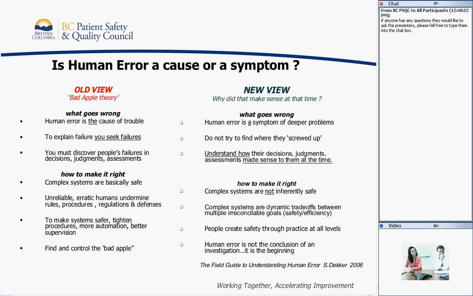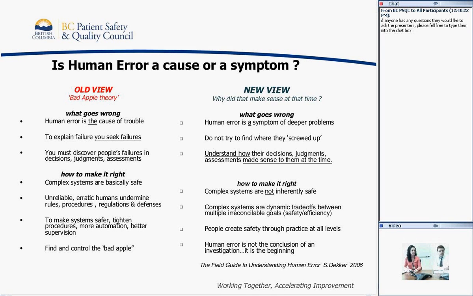The new view is that human error is a symptom of deeper problems in the system. And you try to understand from a practitioner's perspective how their decisions and judgments and assessments made sense to them at the time. And Alison was talking about this certainly in her work, and I just ask you to think about that slide I showed you of that intensive care unit.